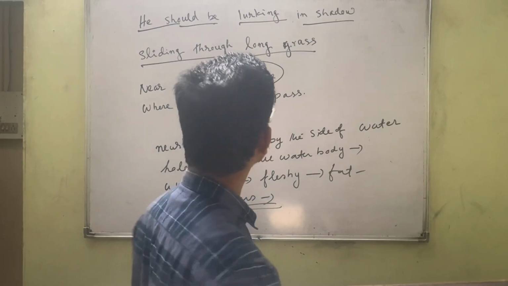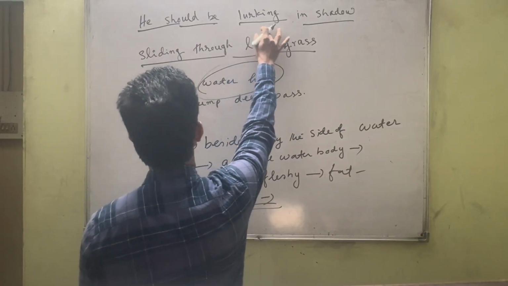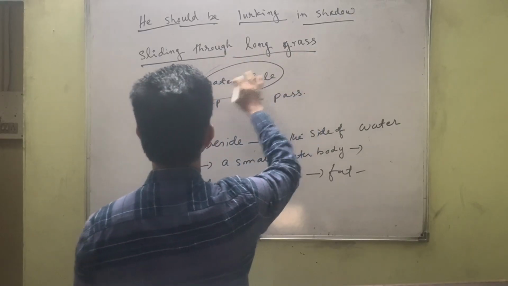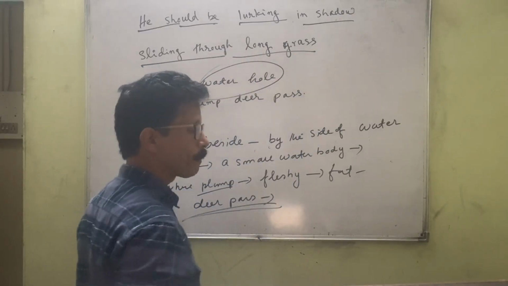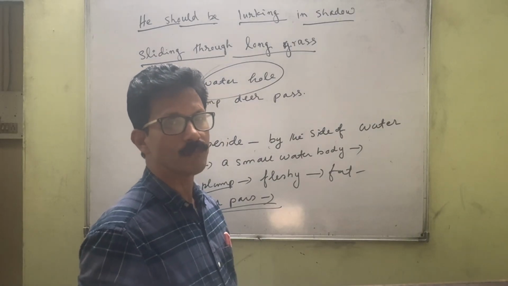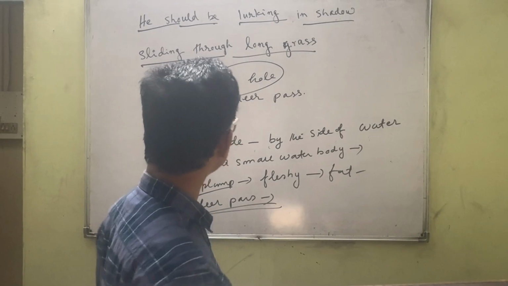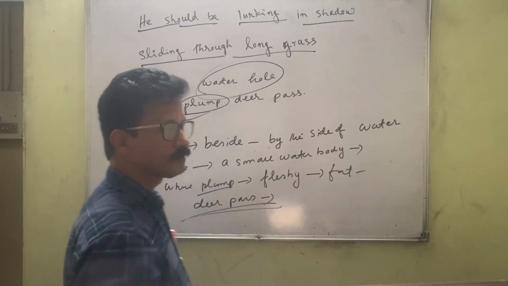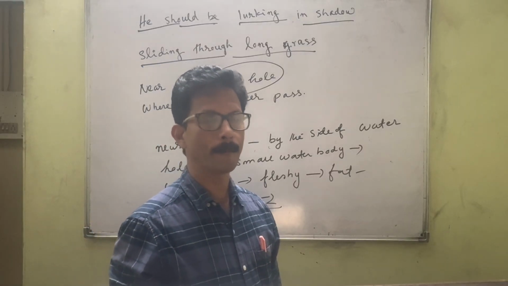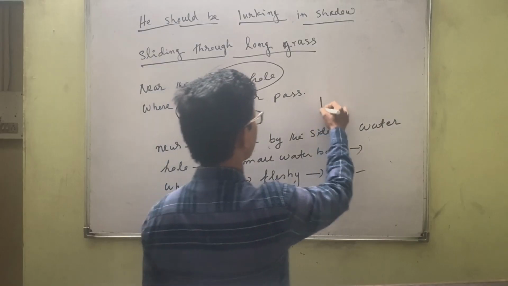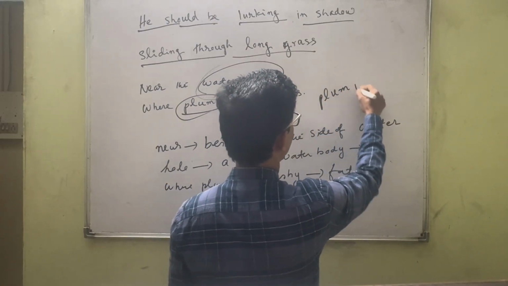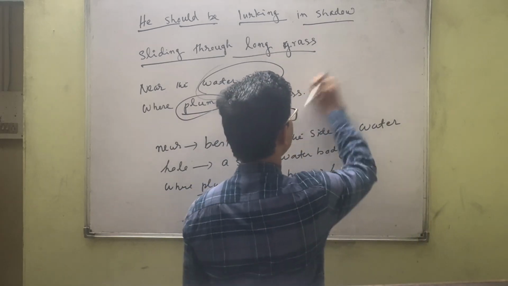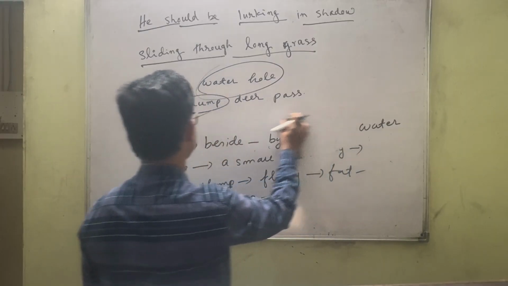We have gone through the word meaning. Lurking means hiding, sliding means snake, zigzag movement, long grass, then near the water hole means a place where water is found, a depression you can say, where water is found, and the plump deer. The best word for you is plump, P-L-U-M-P, P silent, plump, where plump deer pass.